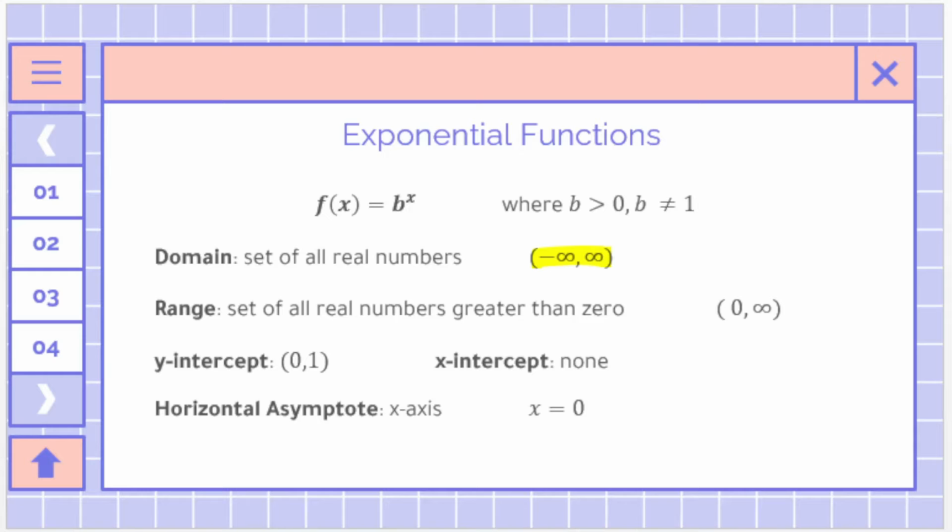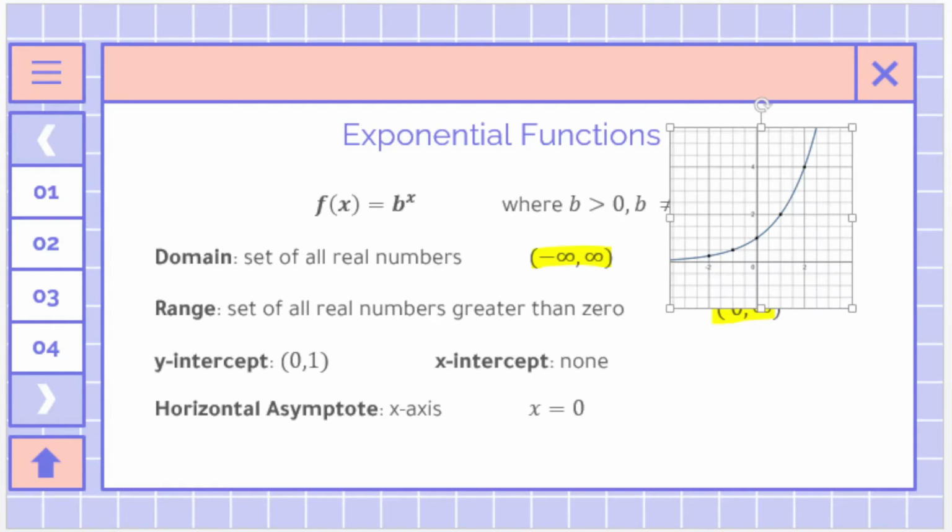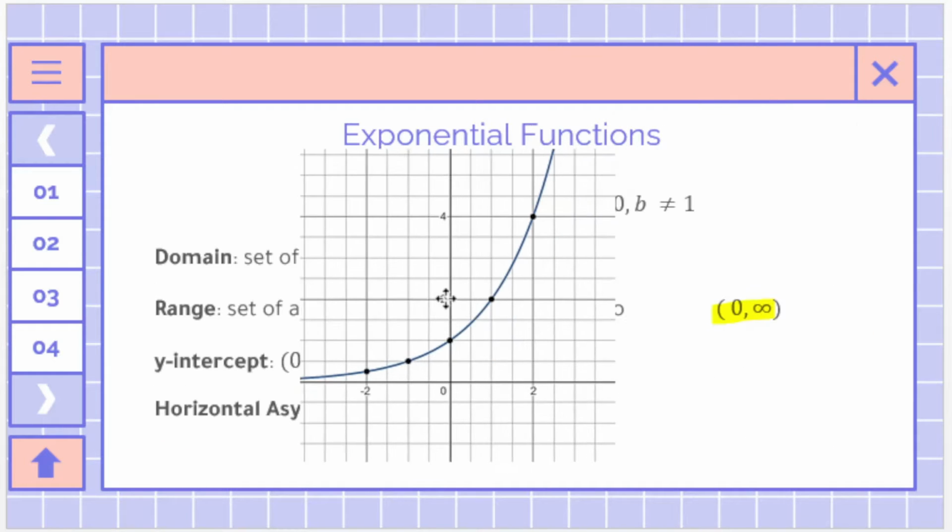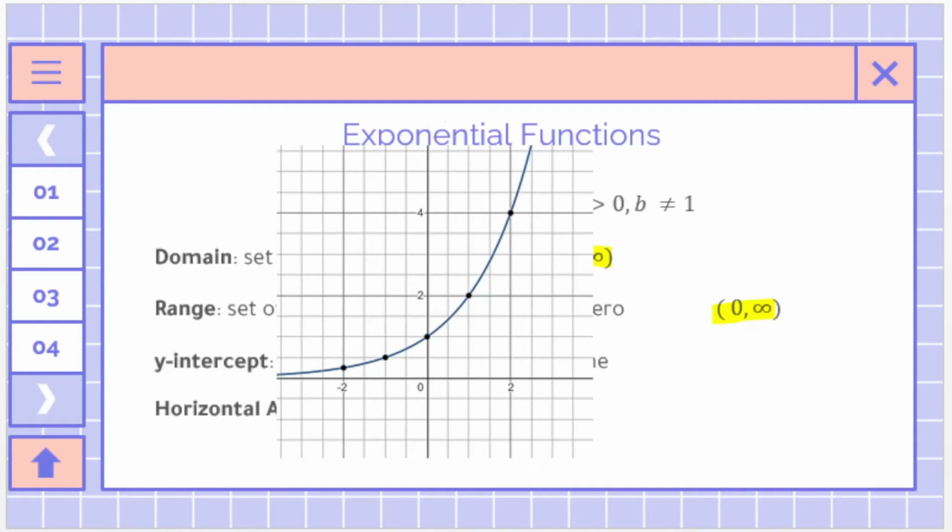In interval notation, we will write it as 0 to positive infinity. Now why is that? Why is our range 0 to positive infinity?